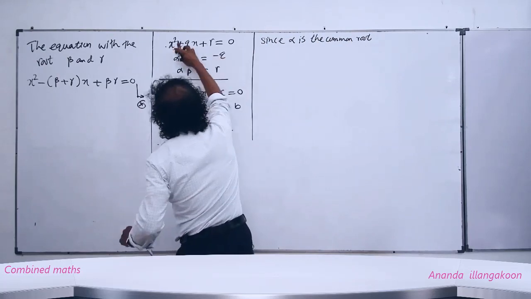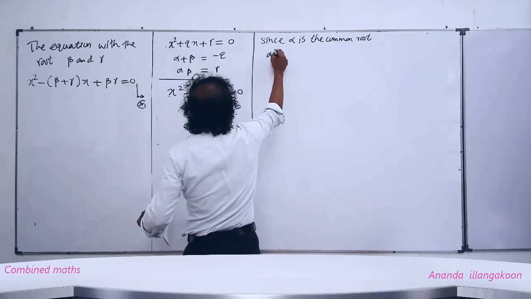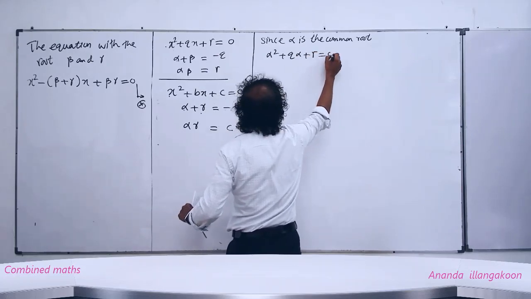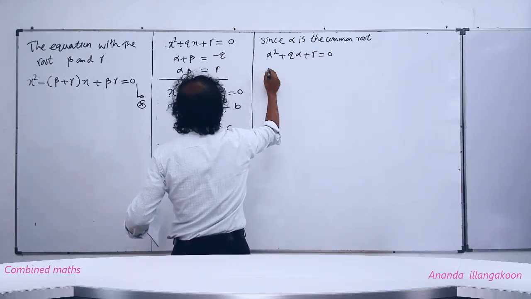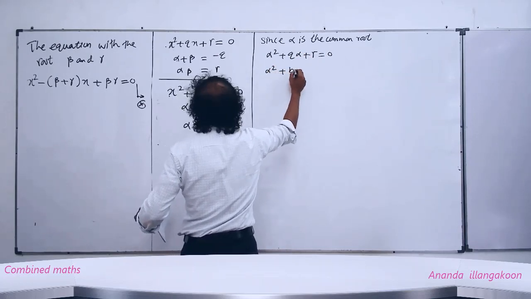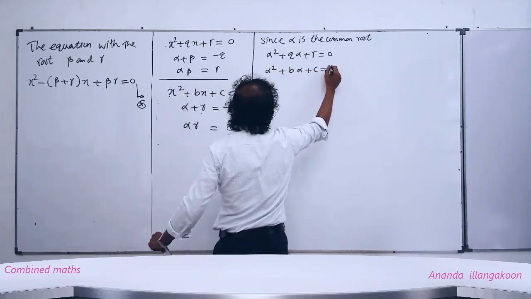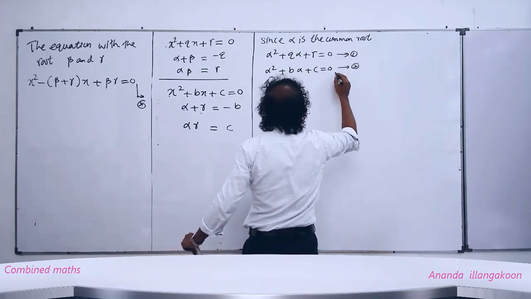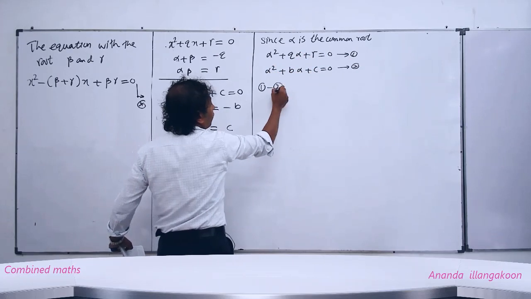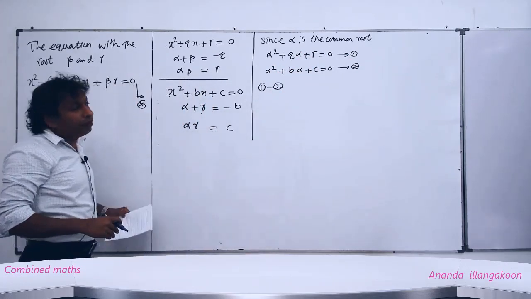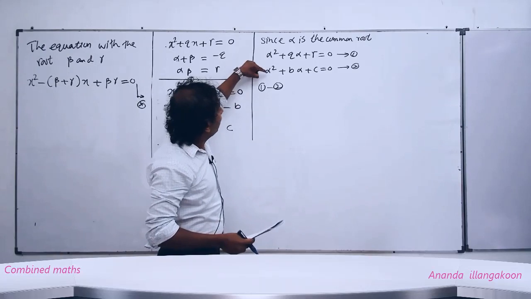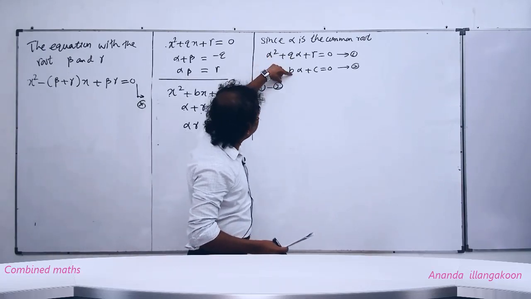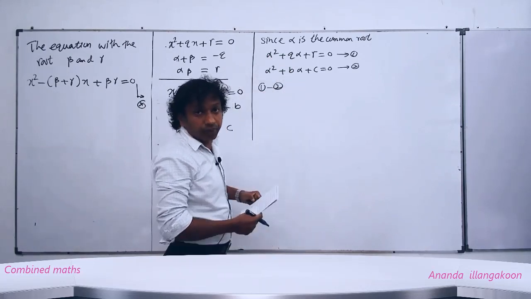What do you get? Put alpha for this x: alpha squared plus q alpha plus r equals 0. And the next one: alpha squared plus b alpha plus c equals 0. Take this as 1, this as 2. Take 1 minus 2. You get alpha squared and alpha squared, you can cancel down. And when you subtract, what do you get?